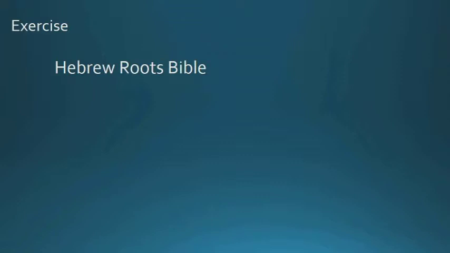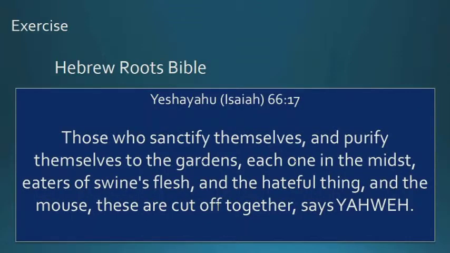The Hebrew Roots Bible, which I happen to have on my eSword, says, "Those who sanctify themselves and purify themselves to the gardens, each one in the midst, eaters of swine flesh, and the hateful thing, and the mouse, these are cut off together, saith Yahweh."